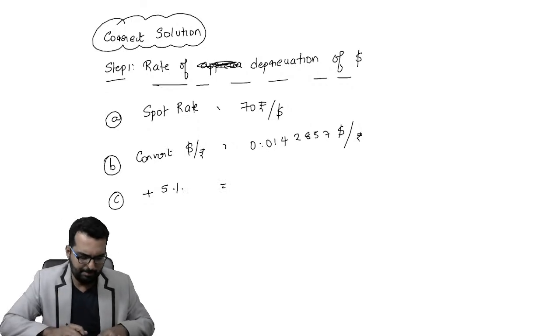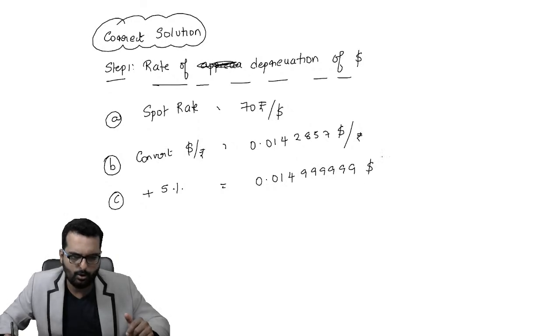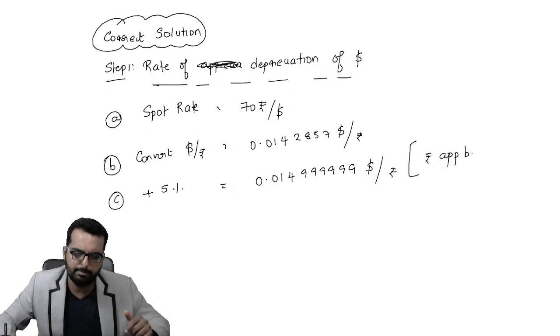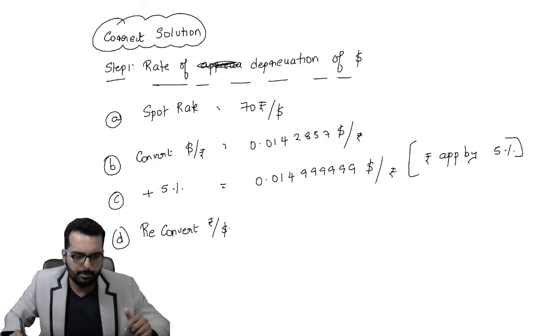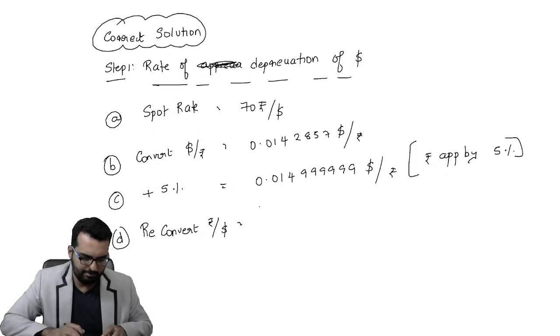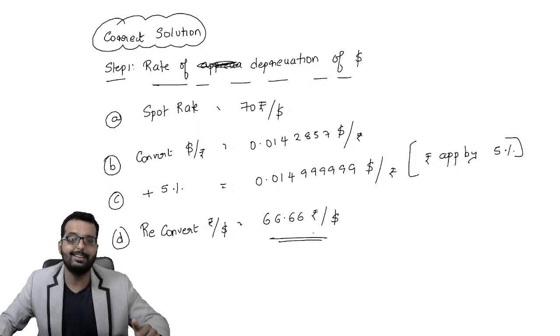So when I add 5 percentage to this, I'll get 0.014999999 dollar per rupee. So here I did rupee appreciate by 5 percentage. Now I will reconvert it back into rupee per dollar. 1 divided by this. I'll get 66.66 rupees per dollar.